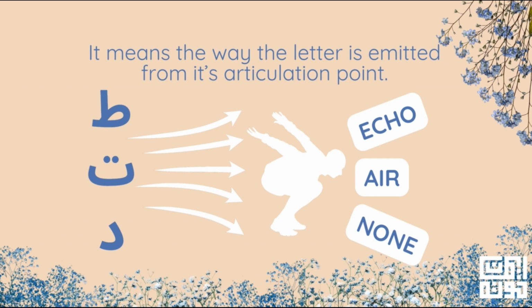Plus, the tongue, because it has itbaq, closes against the upper palate, causing the echo sound and the enlargement of its sound. So the way the ta emits is not the same as the dal and the ta, although they emit from the same place, but they have different characters.